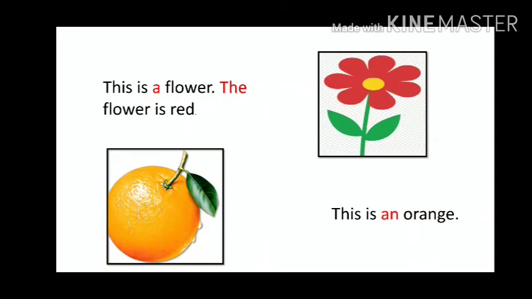Very good. So students, we have used a and the to point out the nouns flower and orange. These words, that is a, an and the, used to point out nouns are called articles.